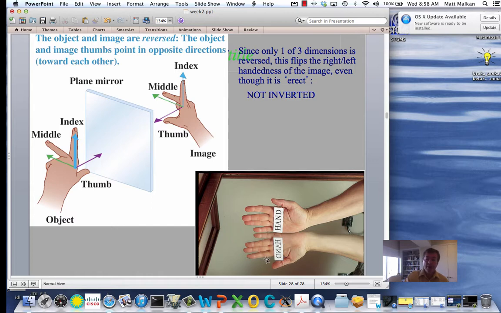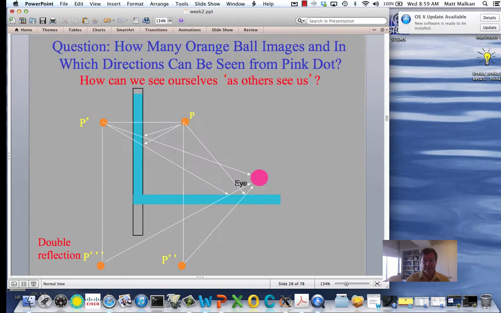Doesn't even have a left hand, but the mirror makes an image that looks left-handed, and you can see these letters are backwards. It's some diabolical message. Oh, it just says hand there. All right. Secret code. I'm writing reversed. Anyway, so that's what mirrors do. Both images are erect. They're not inverted, but the handedness is reversed.